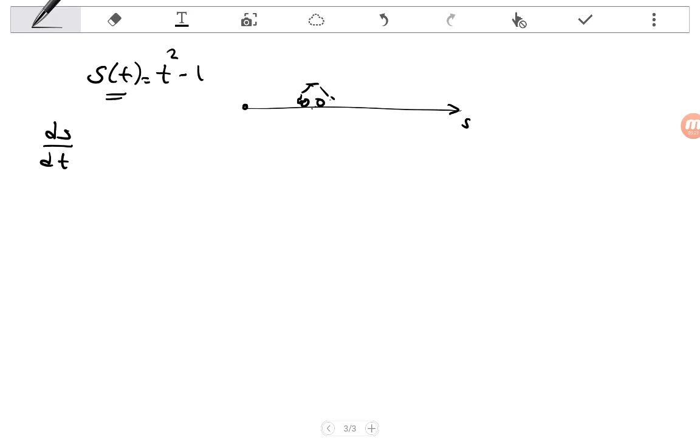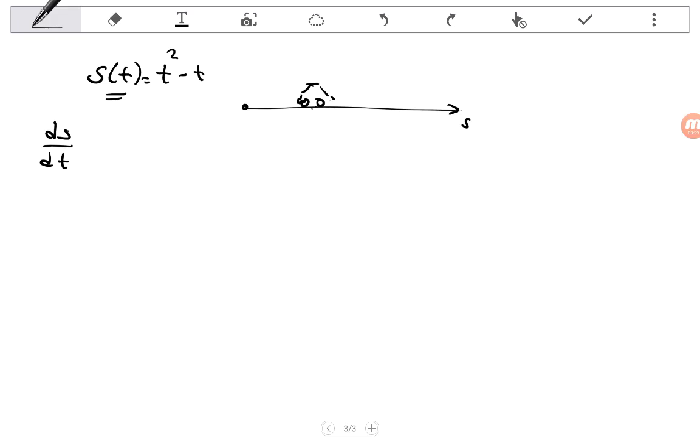When I tell you that S is a function of time, what is S? S is the position of some car, for example. So what is ds by dt in this case? The position of the car changes with time. For example, I can say that it is t squared plus t.